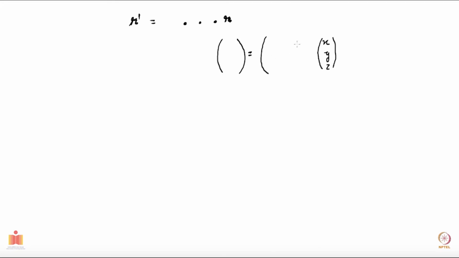Okay, and here z should not change, which means these entries have to be like this, because this one will ensure that your z is not changed. And then you have your matrix cos of phi, sine of phi, minus sine of phi and cos of phi. Okay, that's the matrix. So I'll call this matrix as matrix phi.